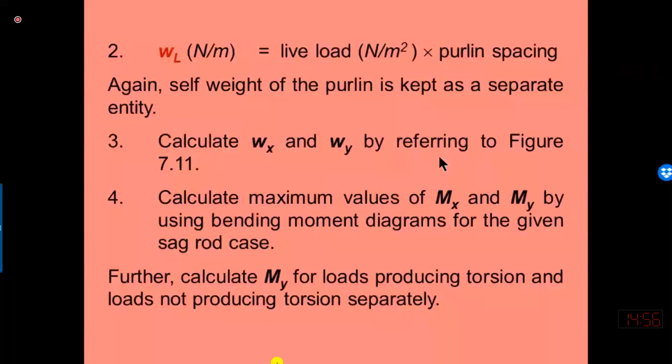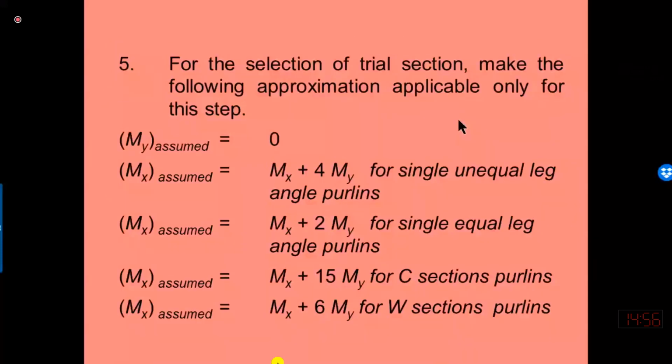So for the simplification of the calculation, we will convert our My also into the equivalent Mx. So what we will do, we will assume that our Perlin is only subjected to Mx and My is equal to 0. So how can we compute the Mx assumed value?